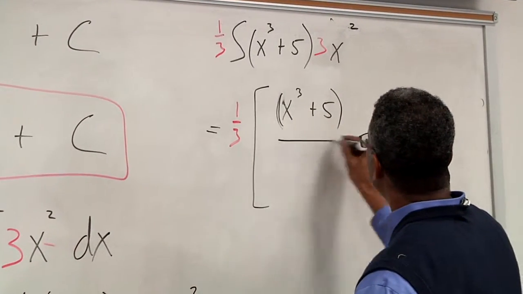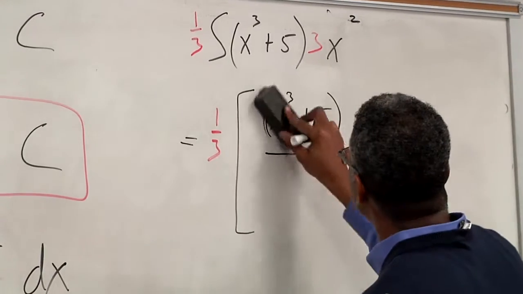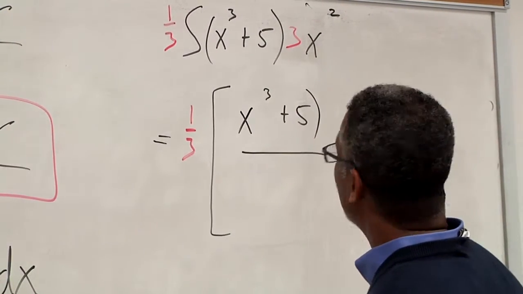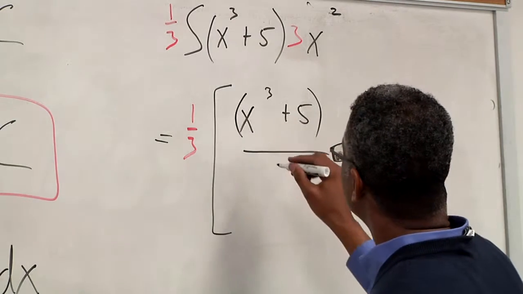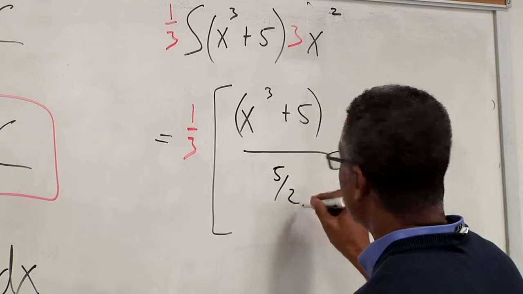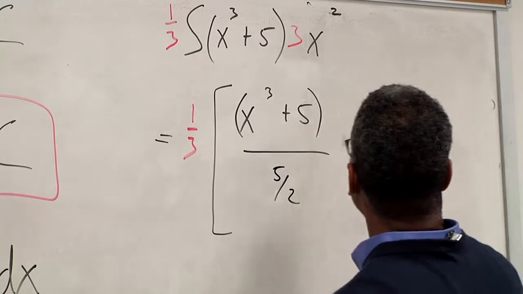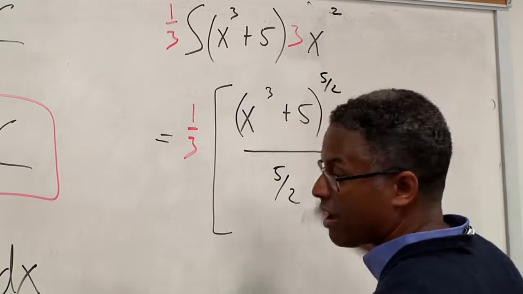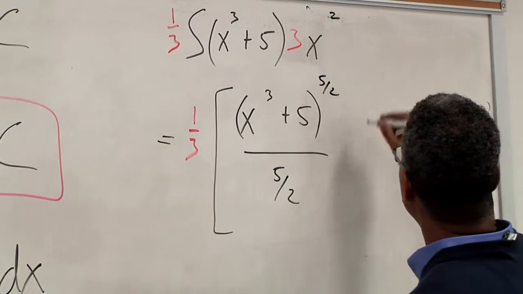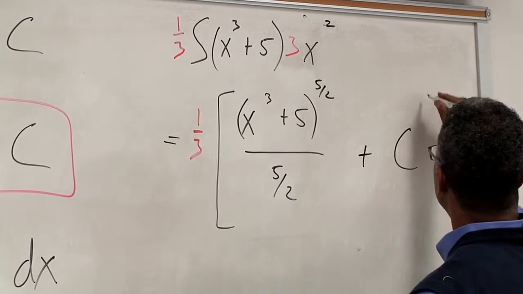Okay? x cubed plus 5. And n plus 1 is 5 over 2. n plus 1 there is 5 over 2. We found n plus 1 over here. There's the work for it. And all that plus a constant.